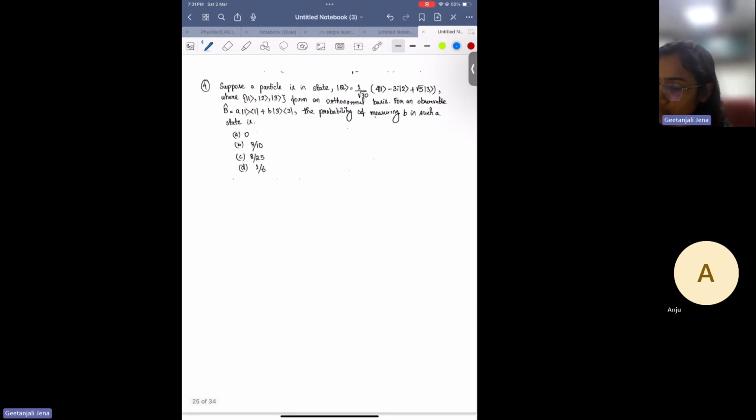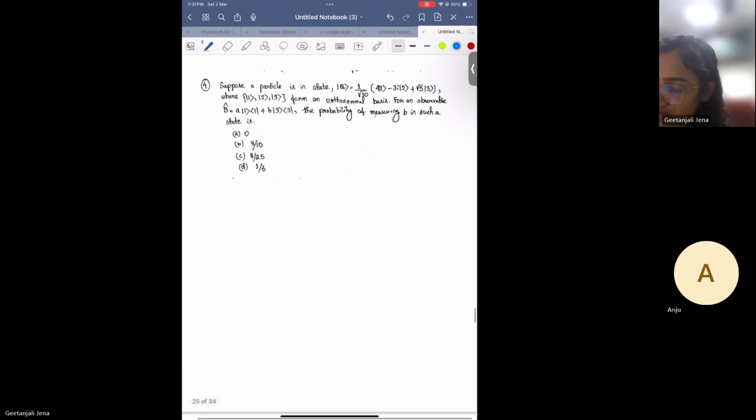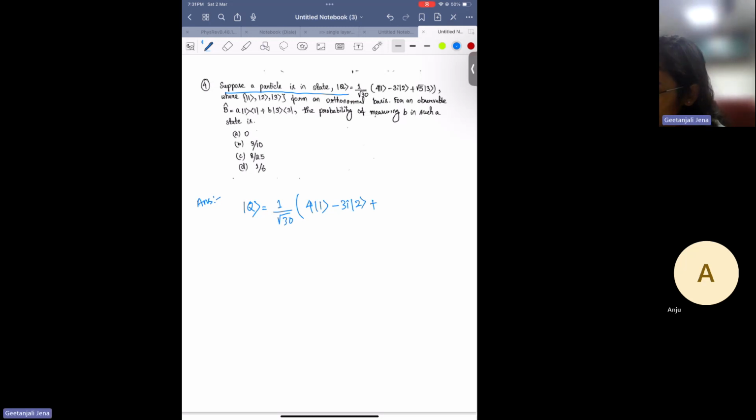So let's see our next problem. The next problem is easy. You just have to find out the probability based on the probability result. So let's see what is given to us. It is given that the particle is in a state Q, which is 1 by root over 50 times (4 |1> minus 3i |2> plus root over 5 |3>).